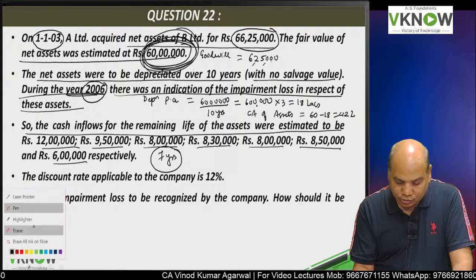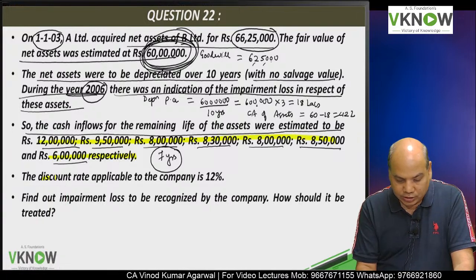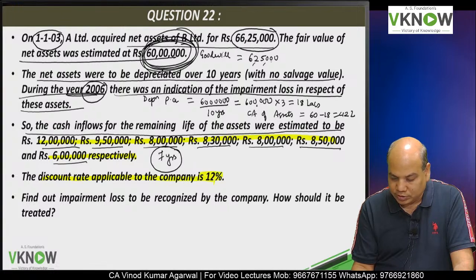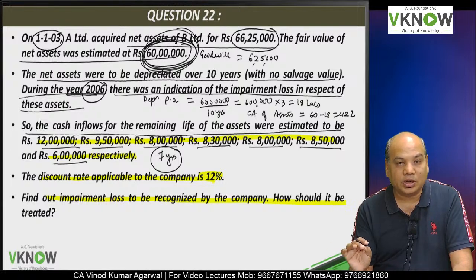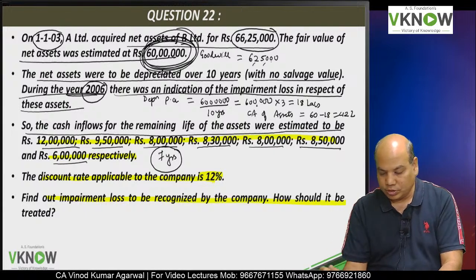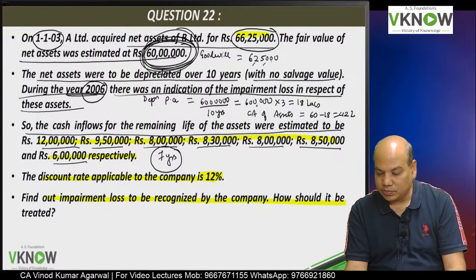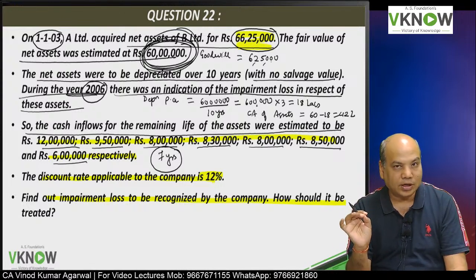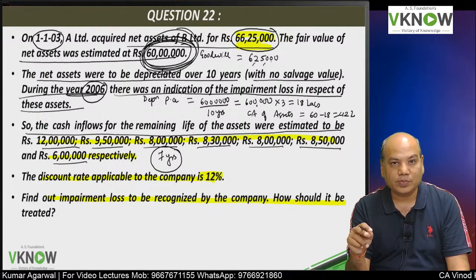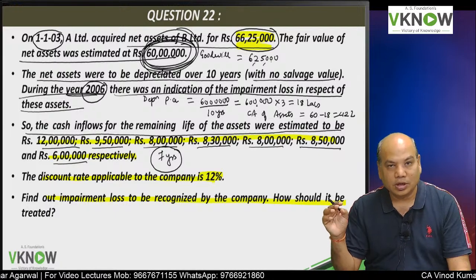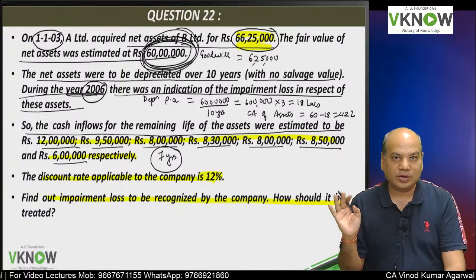This data is given to compute value in use, and the discount rate given is 12%. Find out the impairment loss to be recognized by the company and how it will be treated. First I always need to compute two things: carrying amount and recoverable amount. Carrying amount will be after providing amortization and depreciation till the date of impairment.